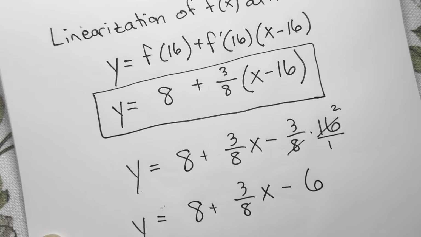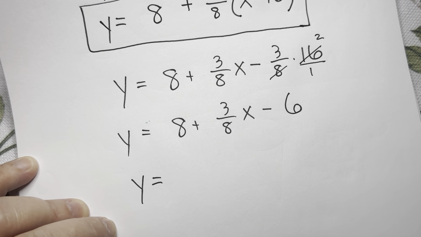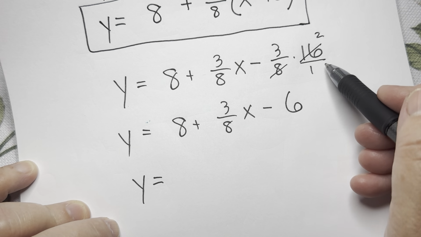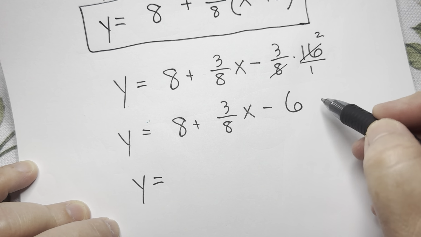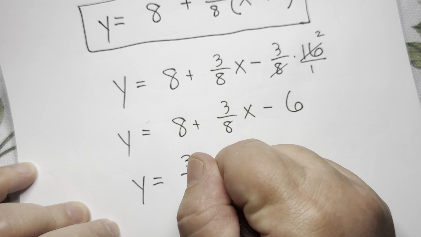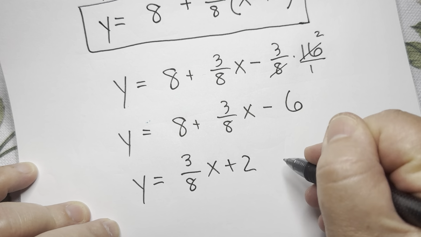So y equals, oops, sorry, you can't see that. Then 8 minus 6 is 2, so then I get 3/8 x plus 2.